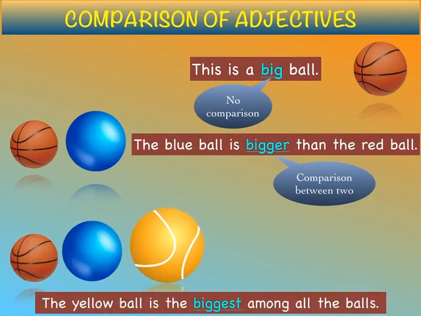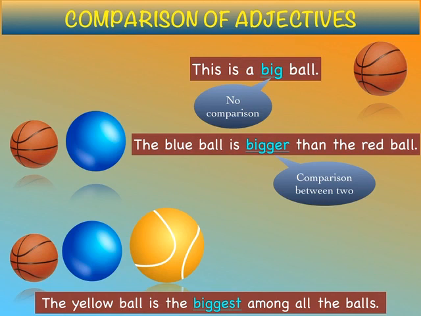Now let's see the next image. Here you can see that there are three balls and the yellow ball is the biggest among all the balls. So here the word biggest is describing the noun yellow ball.